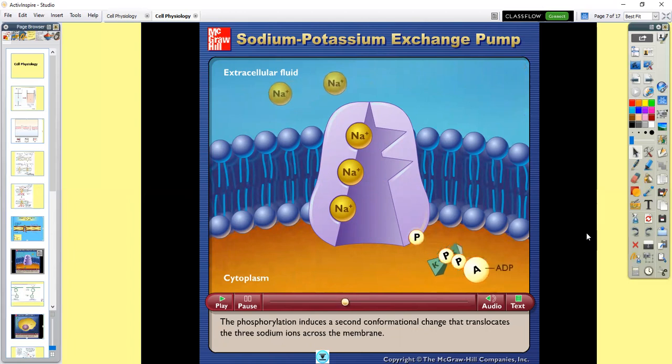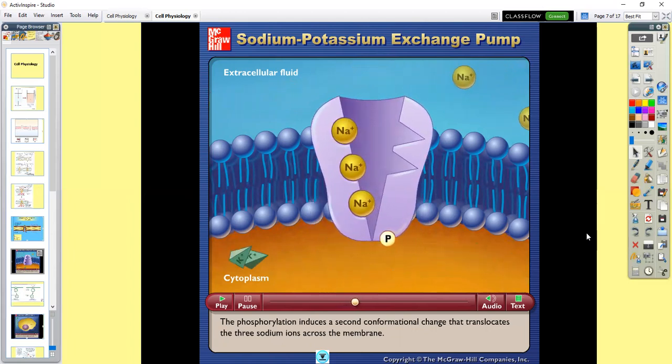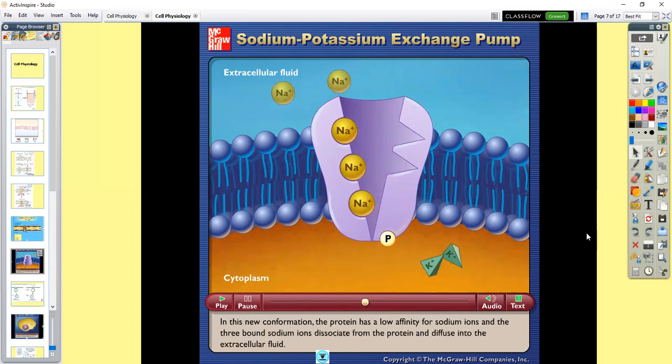The phosphorylation induces a second conformational change that translocates the three sodium ions across the membrane. In this new conformation, the protein has a low affinity for sodium ions, and the three bound sodium ions dissociate from the protein and diffuse into the extracellular fluid.